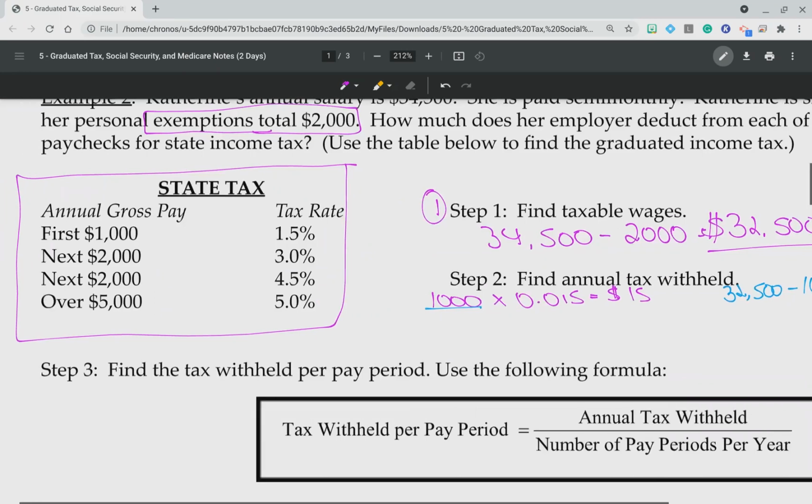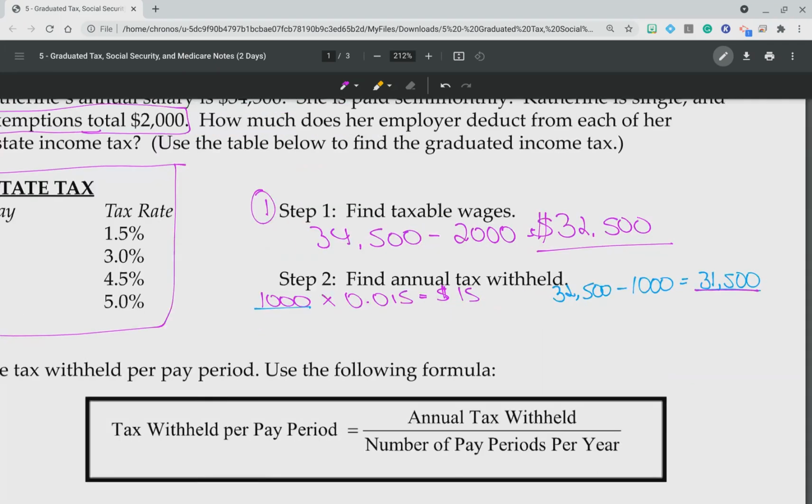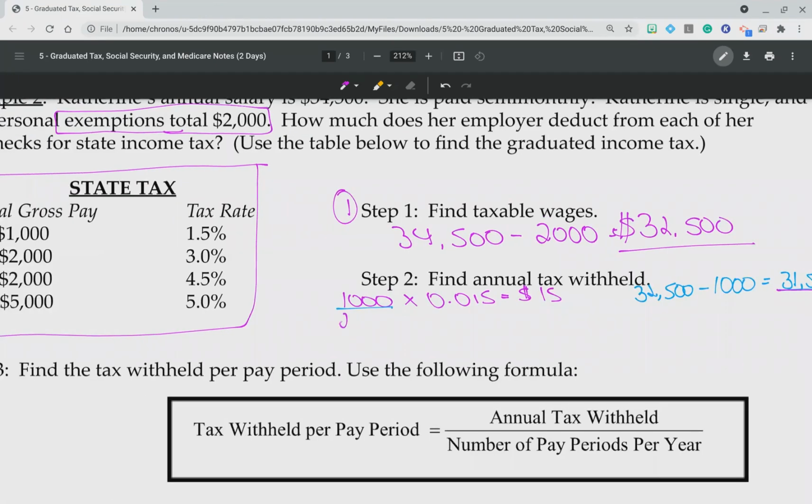So now it says on the next $2,000, my tax rate is 3%. So again, looking at this number over here, I am way over $2,000. So I'm going to take that $2,000 and multiply it by 0.03.